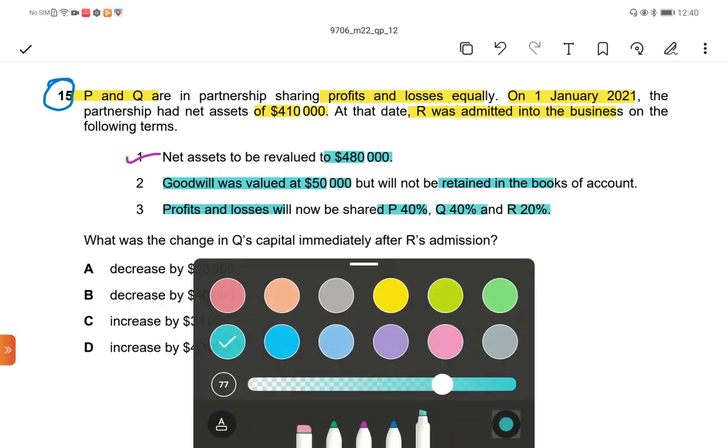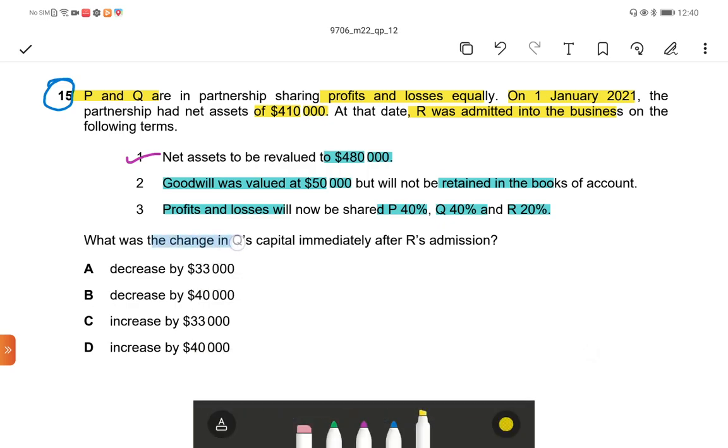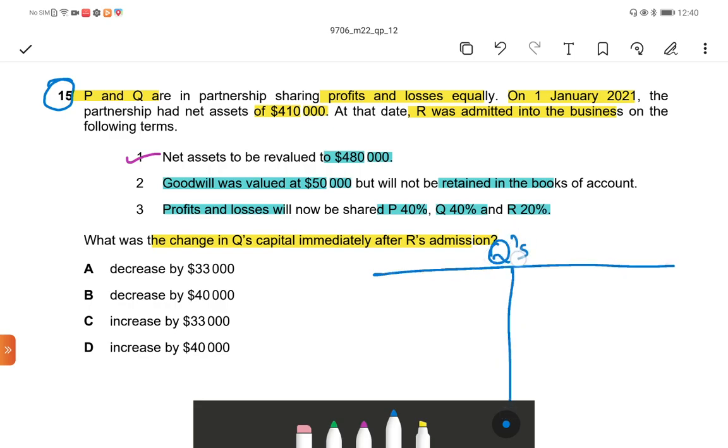What was the change in Q's capital immediately after R's admission? So we can draw Q's capital account. First, revaluation reserve. The net asset before was 410,000. Now it became 480,000. It increased.